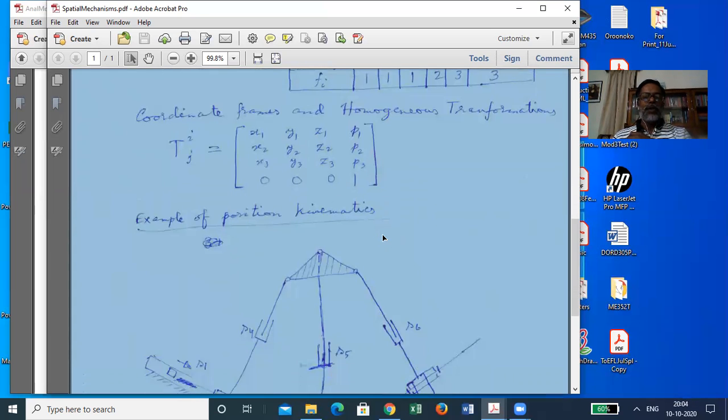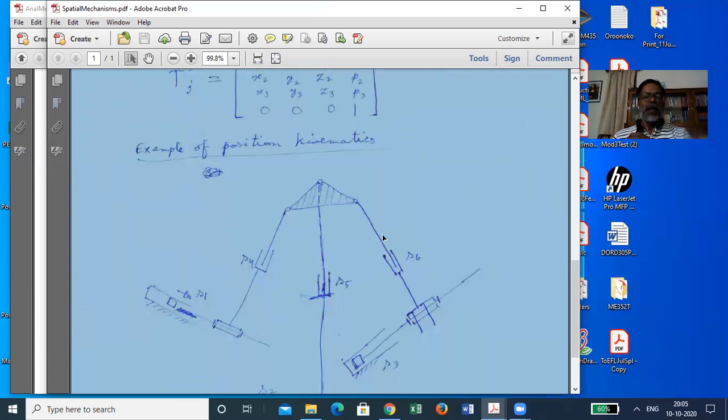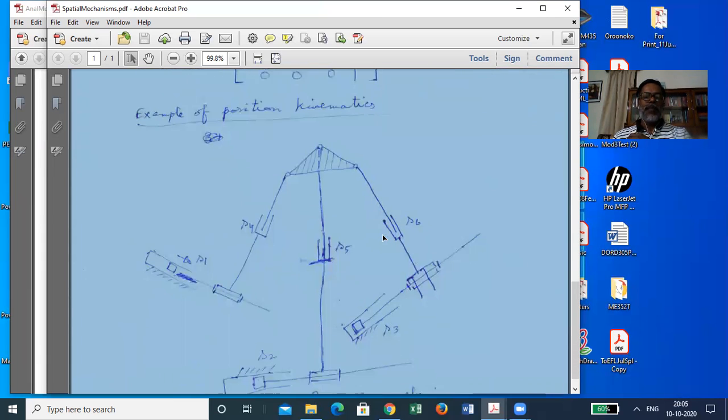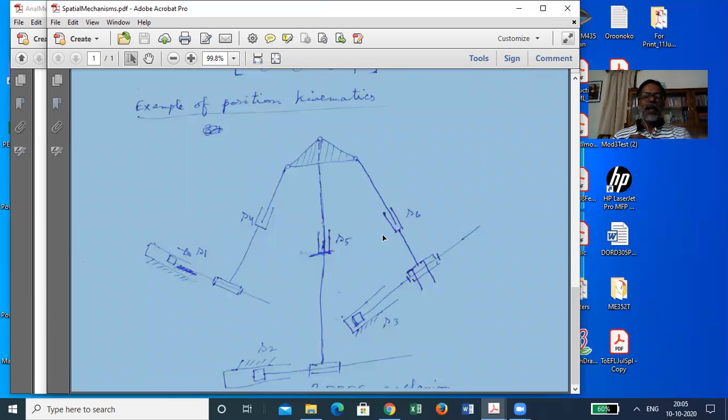I should show you one example of a spatial mechanism. This mechanism is known as 3PRPS mechanism. Why 3PRPS mechanism? Because you see, this has a frame which is represented by these hashes, these hashes, and these hashes, and an output link, often called as platform in this context.